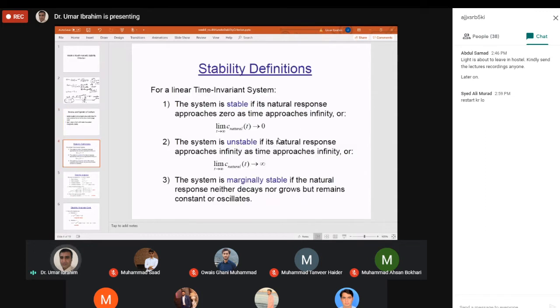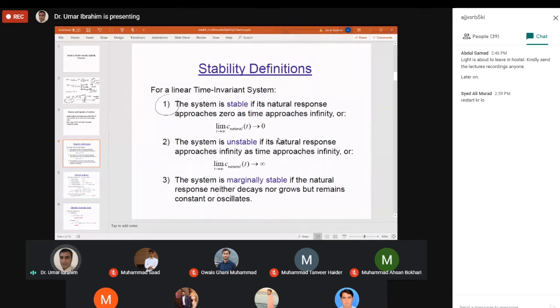For a linear time invariant system, a system is stable if the natural response approaches 0 as time approaches infinity. ठीक है, natural response की बात करें. Natural response कैसे हमें पता चलता है?